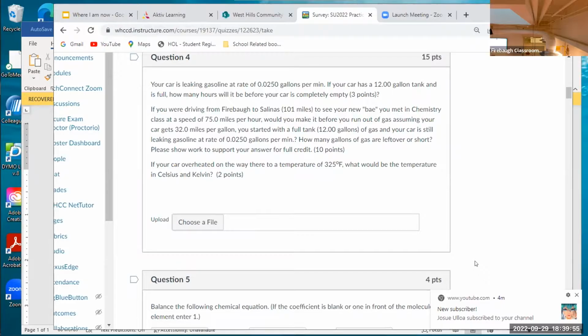What's that? 3.16. Well, 16 gallons. Okay, so then we subtract 3.16 gallons because this is how much we're using to get to Salinas to drive, right? Because your car uses gas.